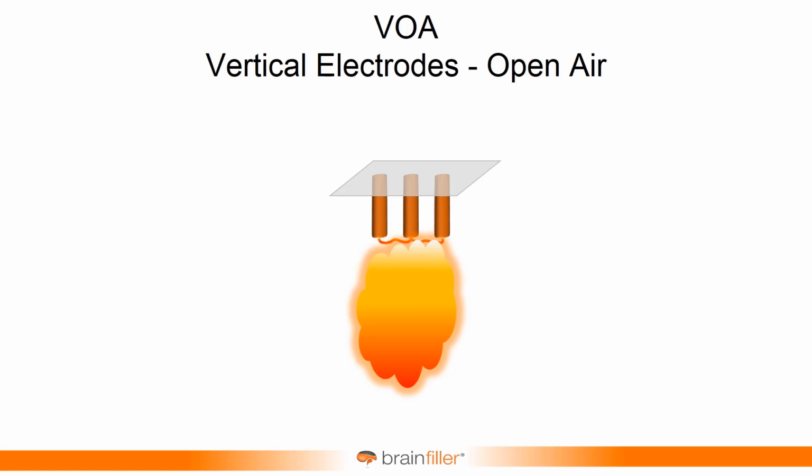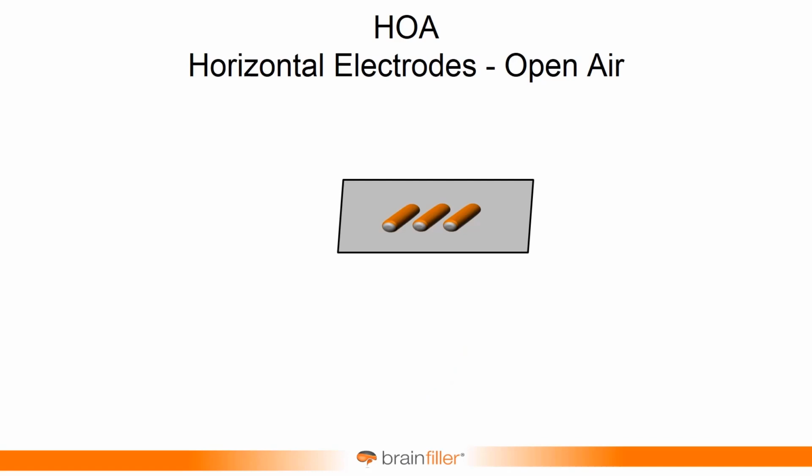And then we did add another one for open air. Since we're working with horizontal electrodes, we have the horizontal electrode configuration in open air. And again, this is going to be coming right at you, but not being constrained in a box or an enclosure. It's still going to be really aggressive, but it's not going to be concentrated as much as if it was coming out of an enclosure or a box.